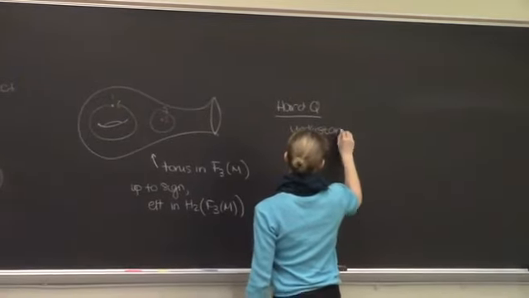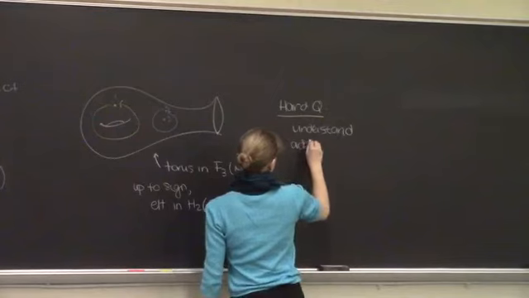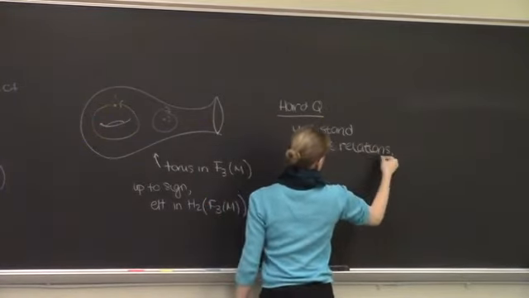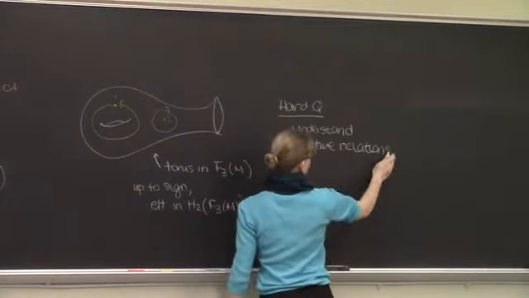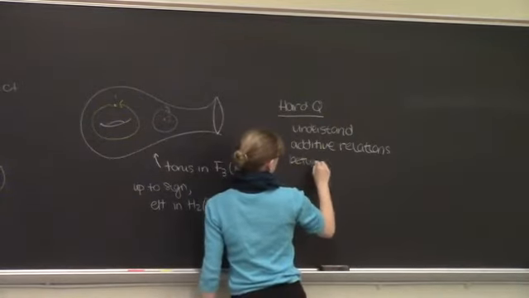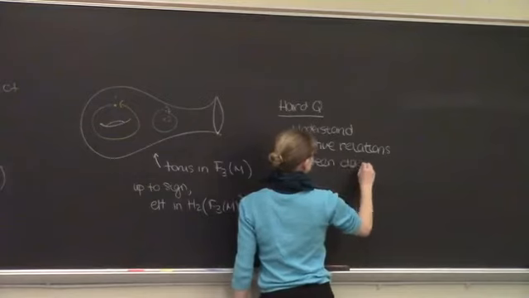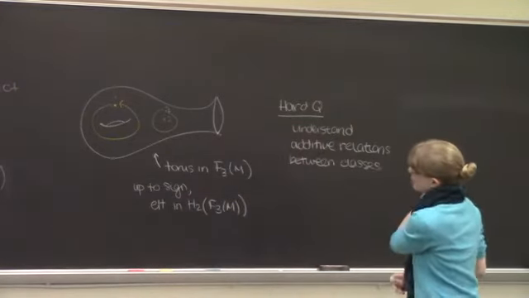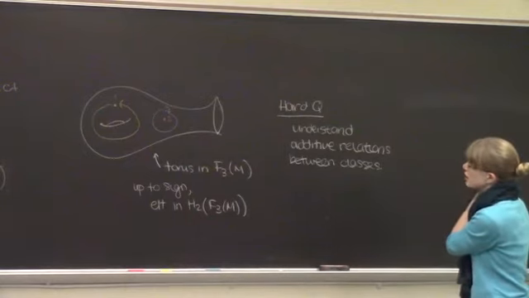understand the additive relations between classes produced in this way. I can tell you, this particular picture I've drawn, this element is non-zero in homology.